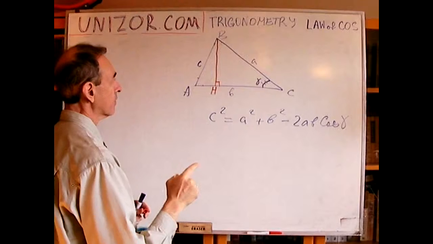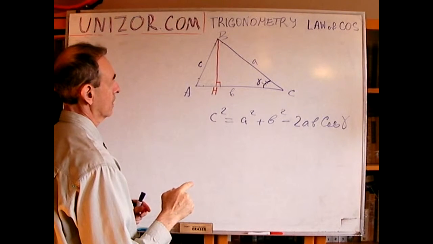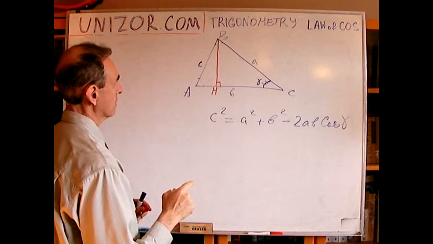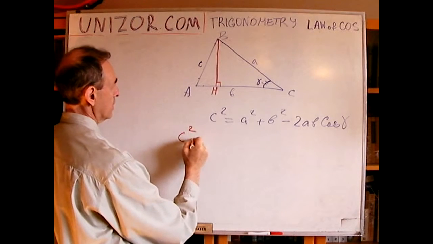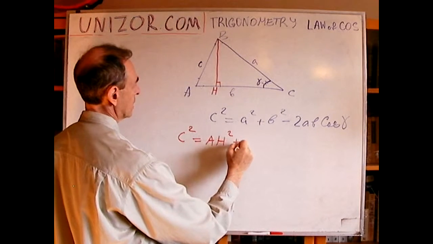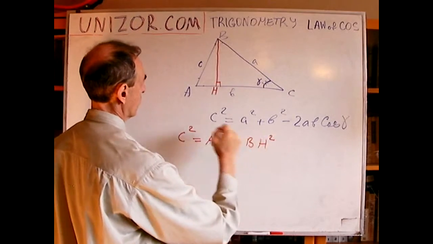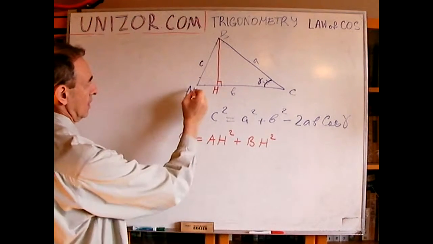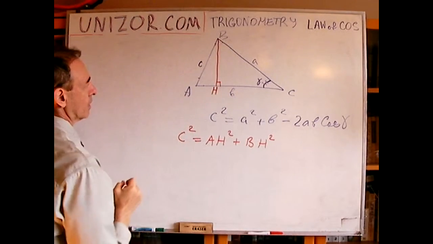Now, considering this is the right angle, I can always say that c squared equals AH squared plus BH squared, right?